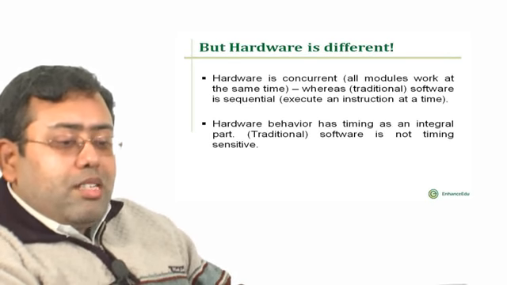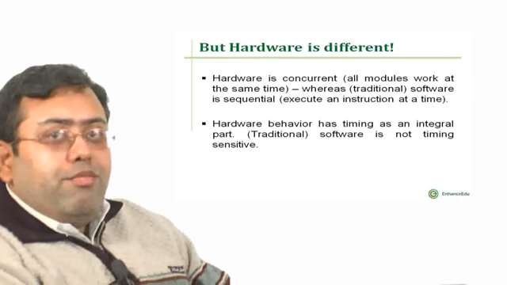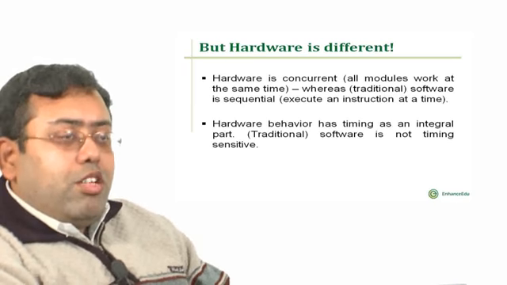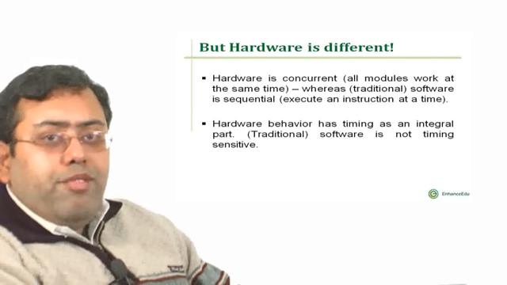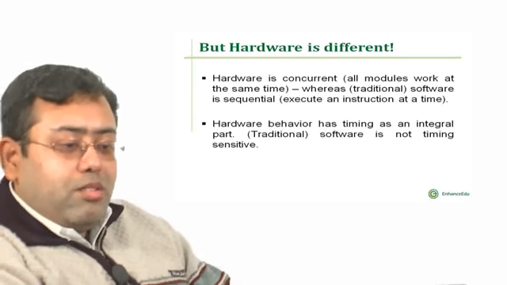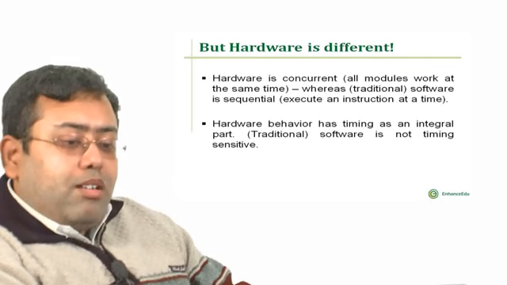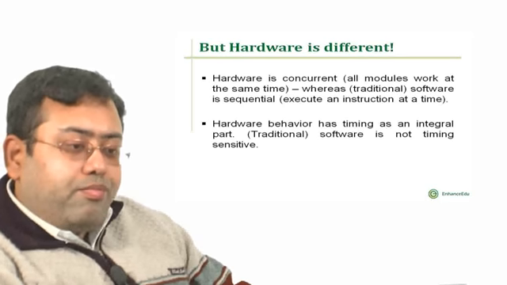However, software basically involves a fetch, decode, execute paradigm, where you index into a certain location of the program memory, fetch one instruction, decode it and execute it, and then fetch the next instruction in sequence. Hardware behavior has timing as an integral part. Traditional software is not timing sensitive.